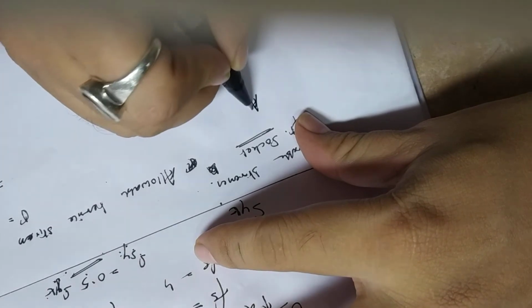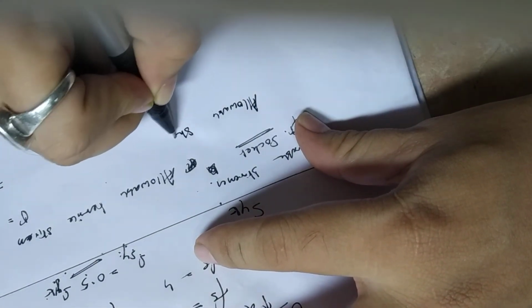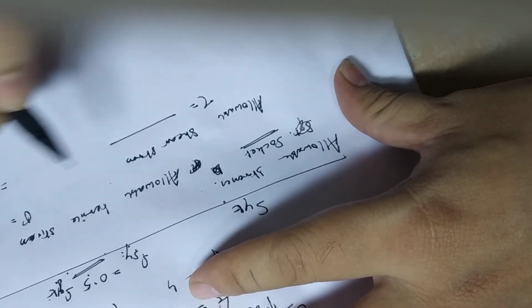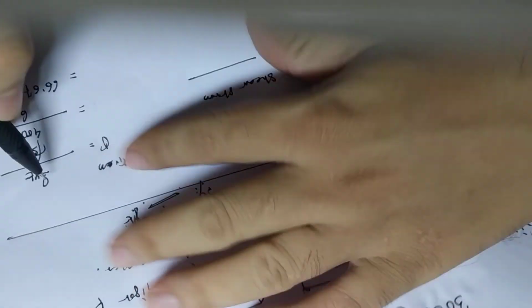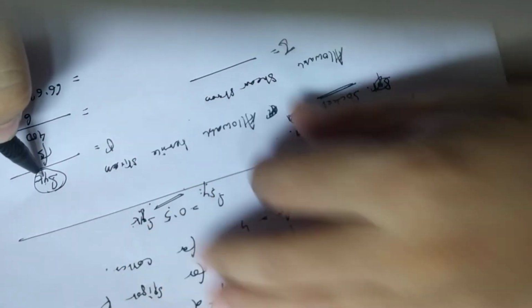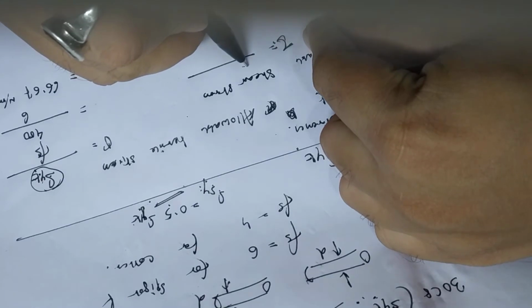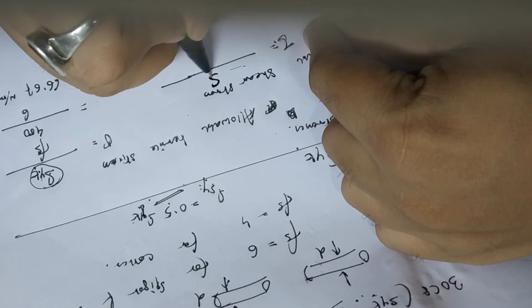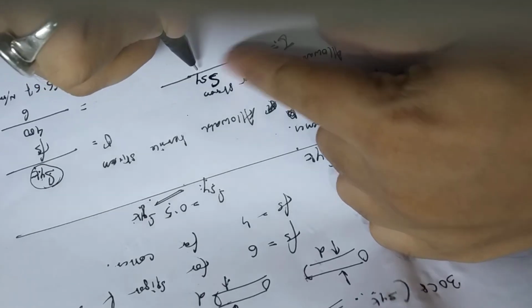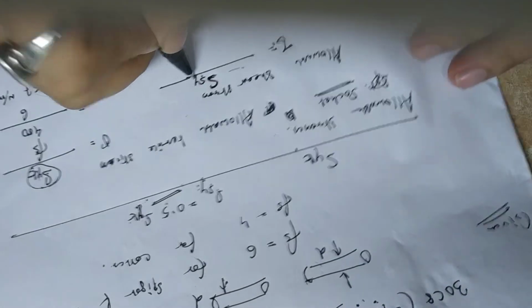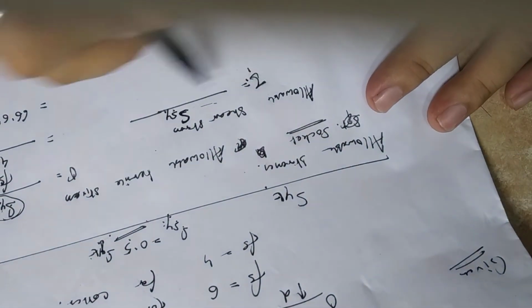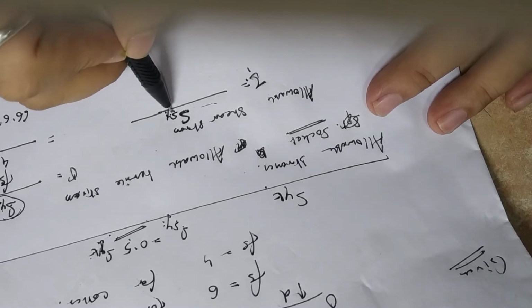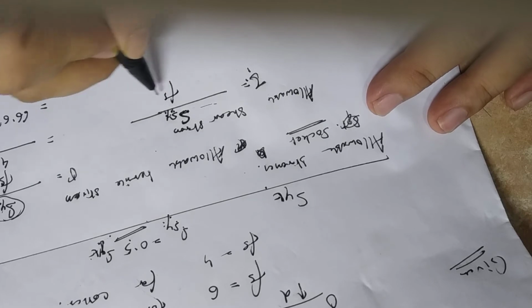Then allowable shear stress. Now see, this is shear stress and this is yield strength in tension. So we cannot use the yield strength in tension here. We have to use the failure strength which is applicable for shear, SSY. So allowable shear stress equals the failure strength in shear divided by factor of safety.